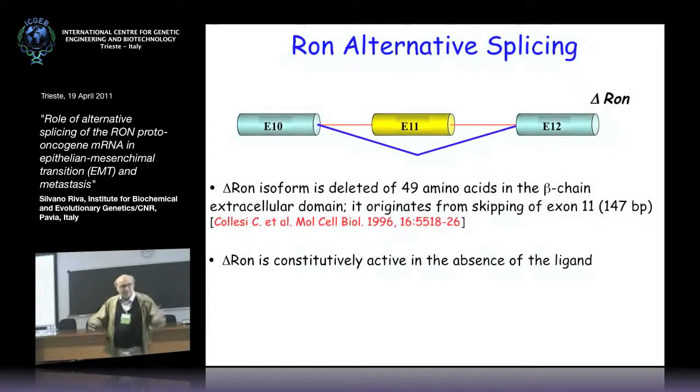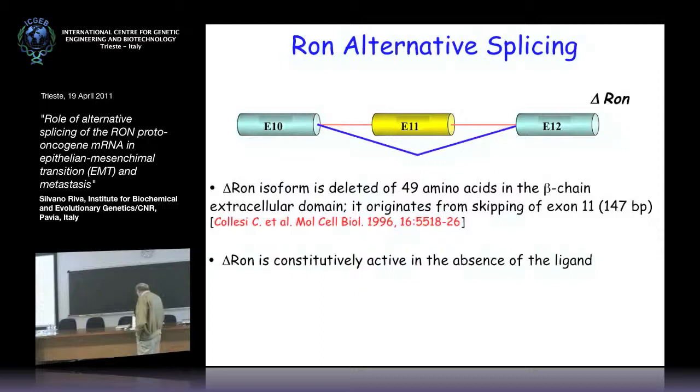You don't need any macrophage stimulating factor to have the activity of this. So in this sense, it's an oncogene. When it is mutated or overexpressed, it promotes some form either of cancer or metastatizing cancer and so on.